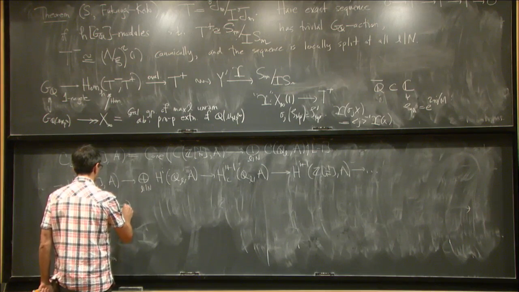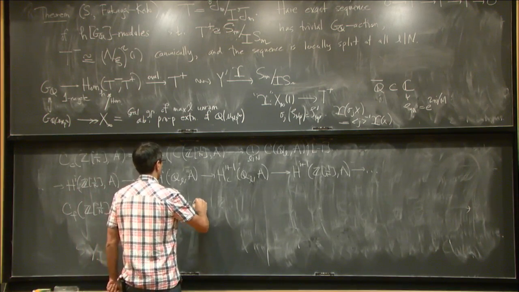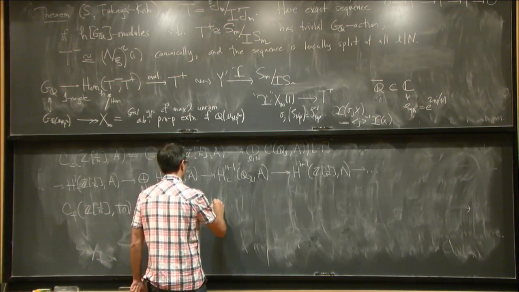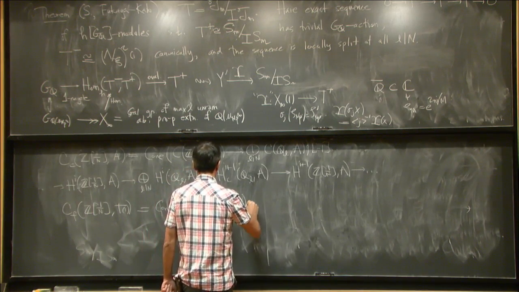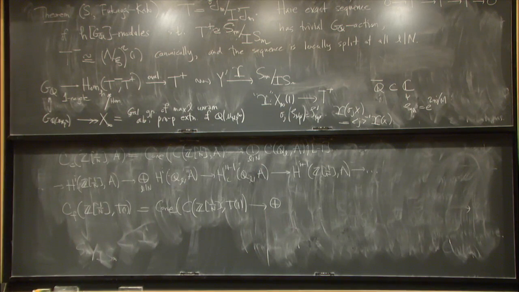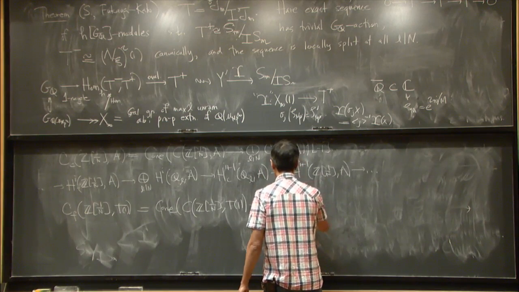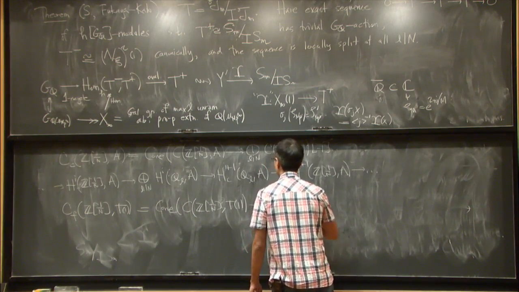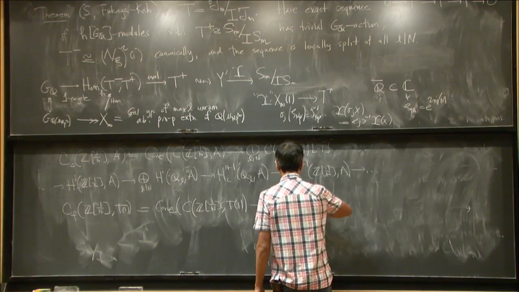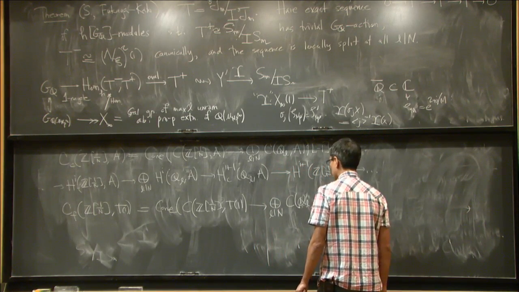I need some other cone for T1, and I define this thing as the cone of Z[1/n] T1 going by the local splitting. So I have a local splitting from T to T plus, and this splitting works for all l dividing n, if you like. Actually, all the groups are trivial except for l equal p. So when I go to the groups I'm interested in.